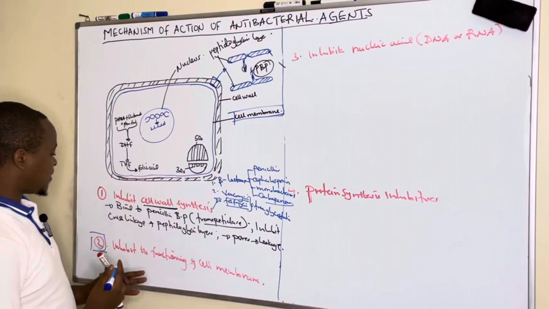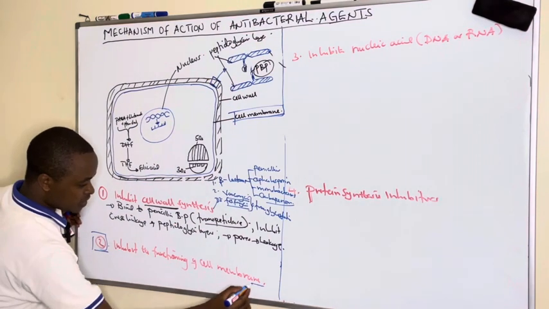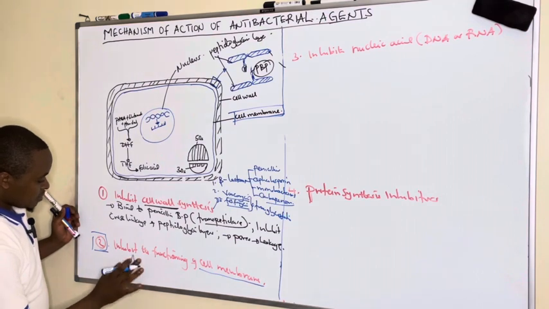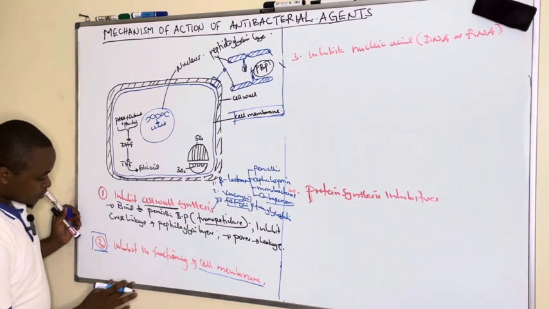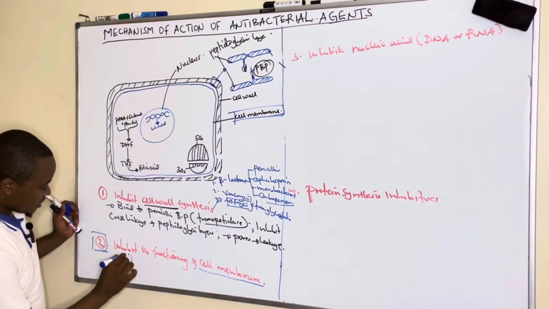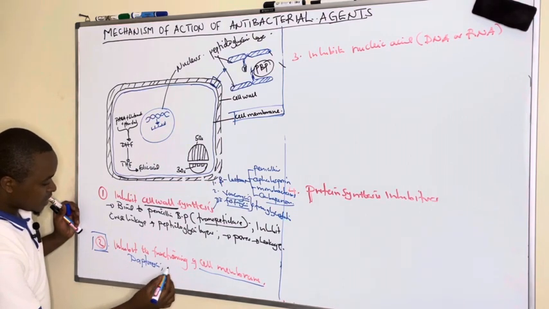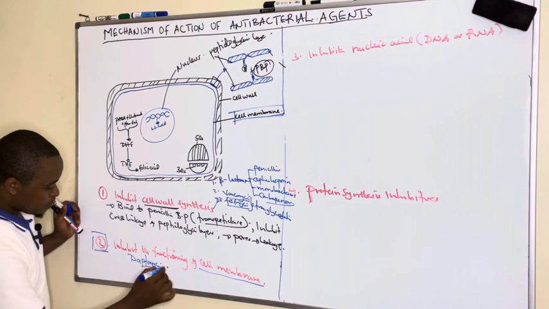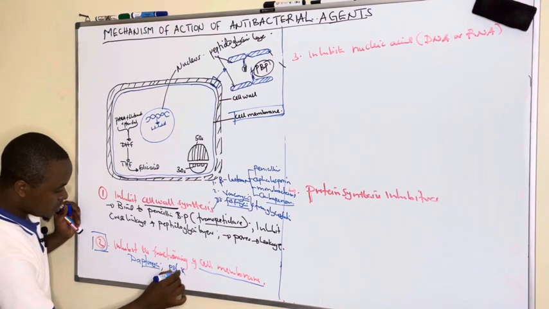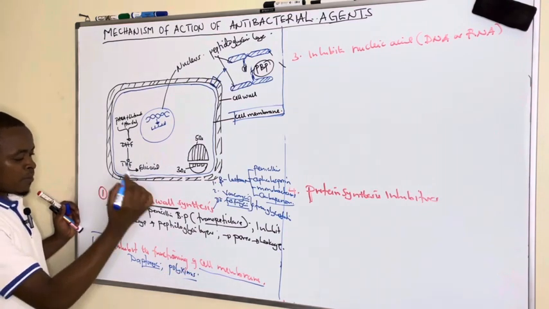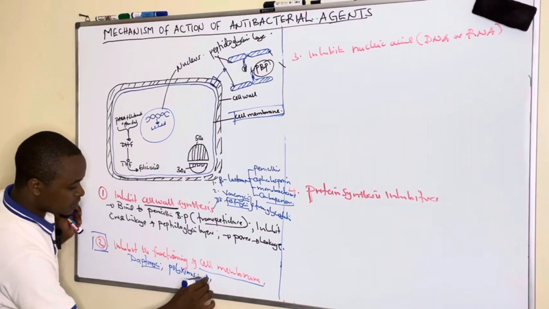Drugs that inhibit the functioning of the cell membrane include daptomycin, polymyxin B, the polymyxin drugs, and some antifungals like amphotericin.